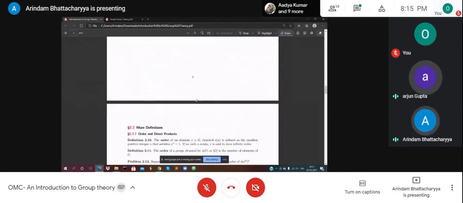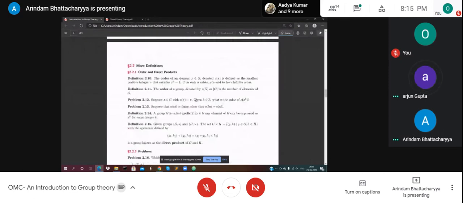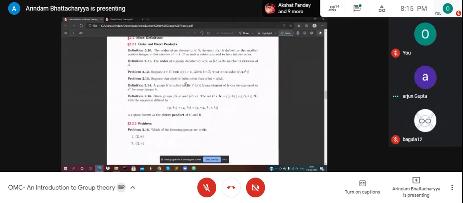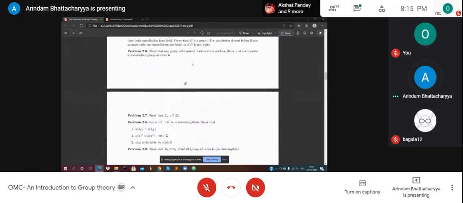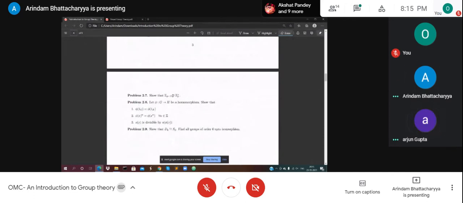What does that congruent sign mean? Isomorphic. Okay, so we just have to create a bijection. Yeah, you have to create a bijection which satisfies phi of x star y equal to phi of x star phi of y.